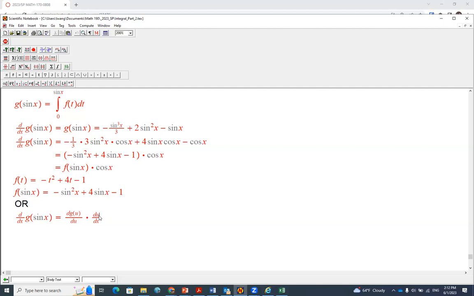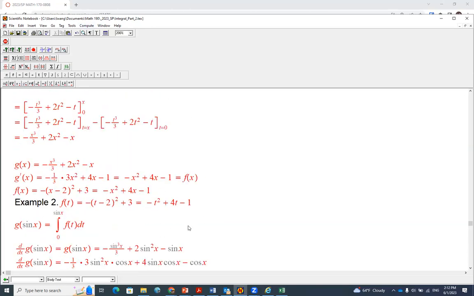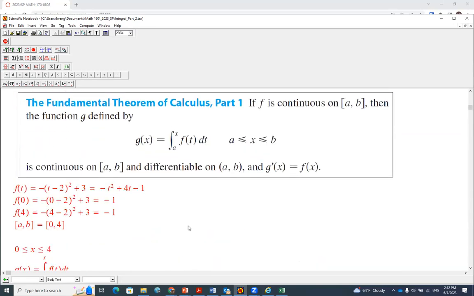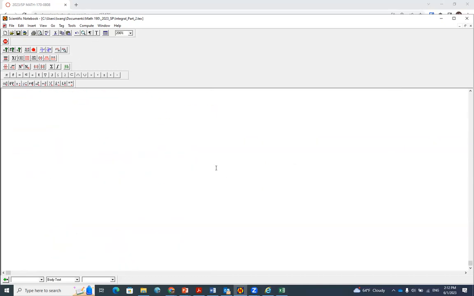And of course, u is sine X. Now, this is the derivative of g with respect to u. Well, we already have the fundamental theorem of calculus part 1 here. This piece. What does this piece say? Okay, let me bring this piece under.